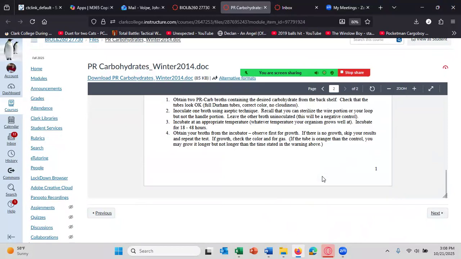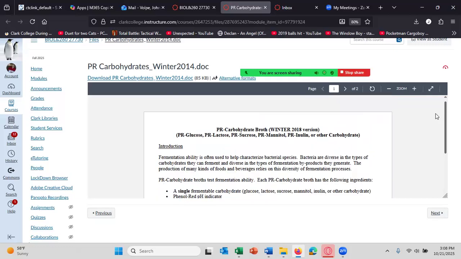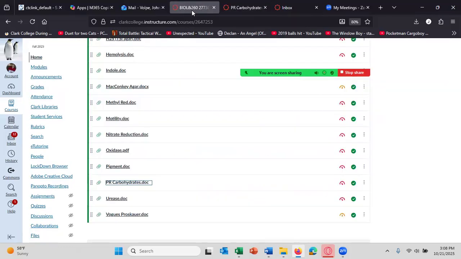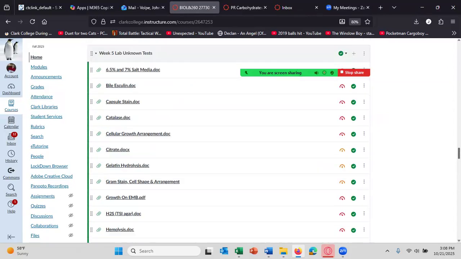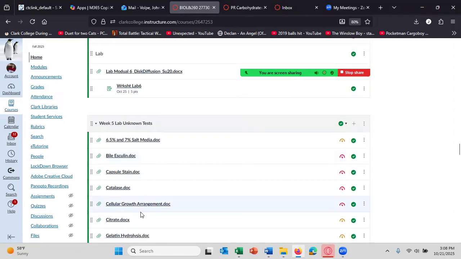Any question about any of that? So when you request a test, you should read the test in the week 5 lab unknown test, and you should take a look at how long that test incubates.